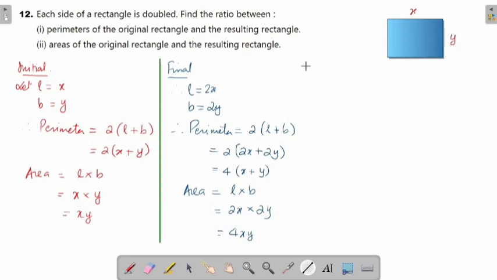The question is asking you to find the ratio, so let's find the ratio. Let me remove this, because I don't need it as such.